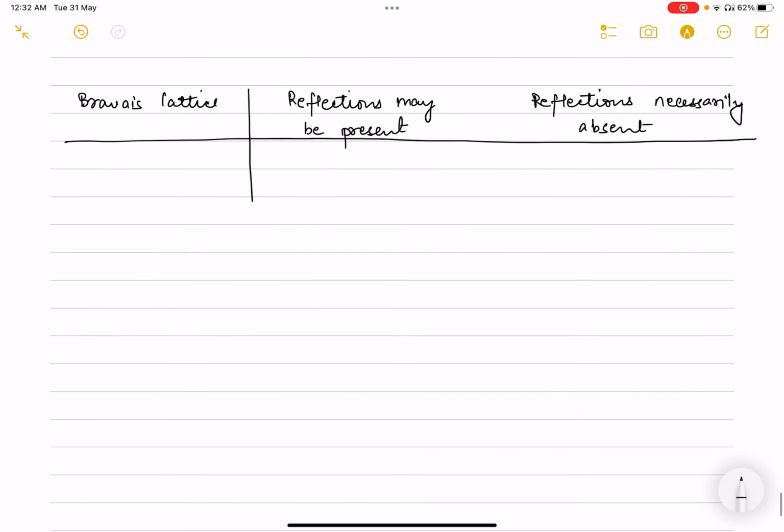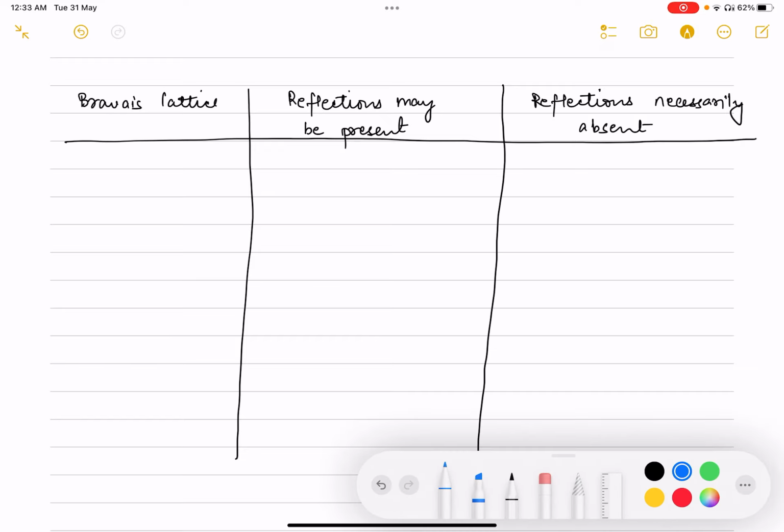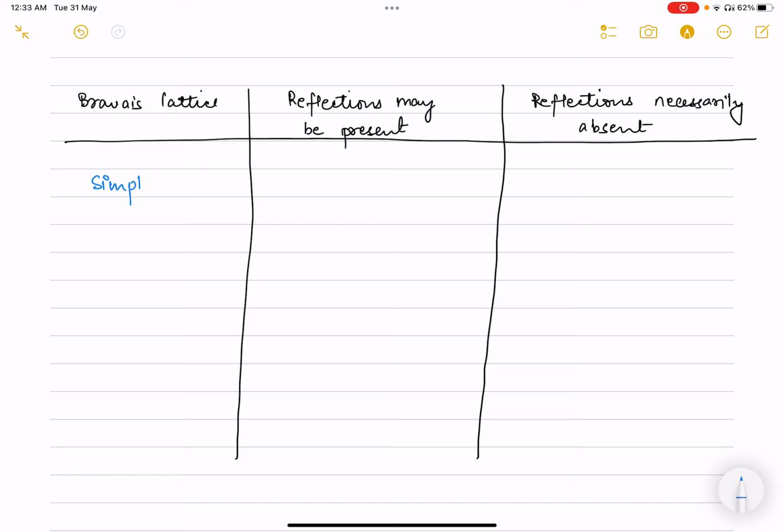Okay. So as we have derived for simple cubic, all may be present, so necessarily absent is none.